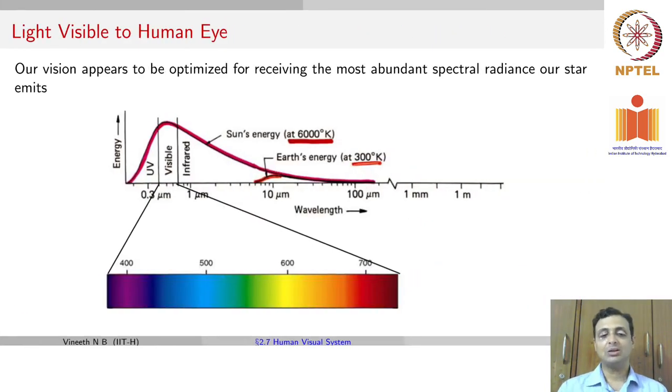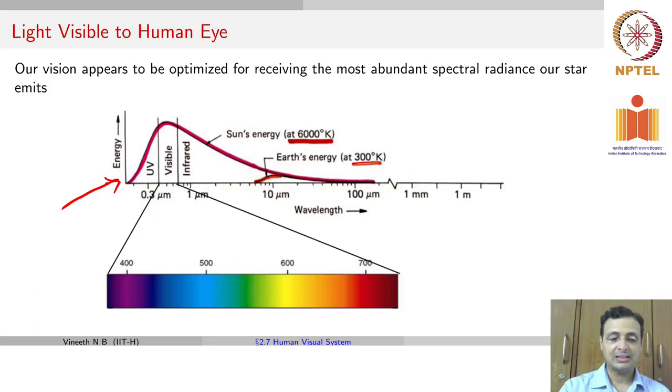So if you ask, why is it that our eye receives mostly only this light spectrum? It seems that as we have evolved, our vision appears to be optimized for receiving the most abundant spectral radiance of our star, the sun. So in this graph on top, you see the energy of the various components in the electromagnetic spectrum.